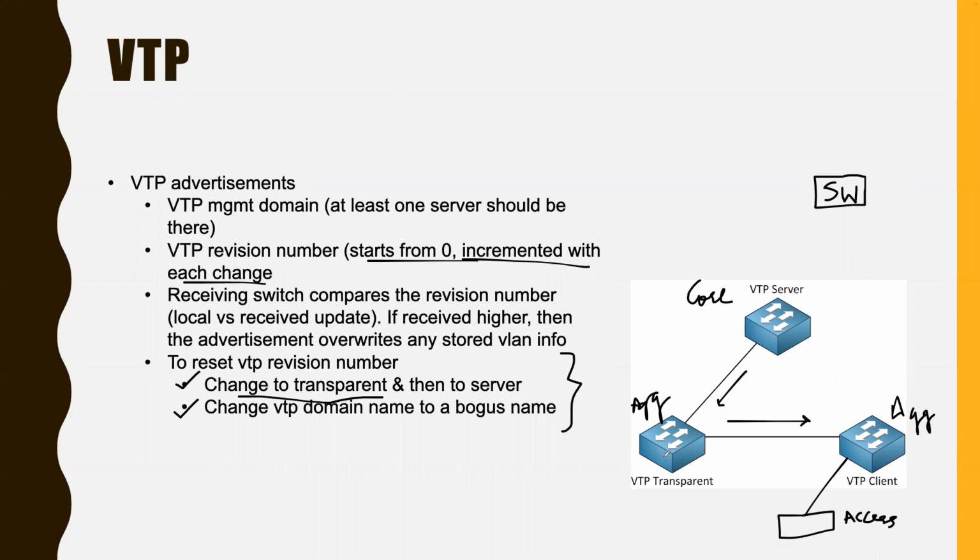For example, in this topology with VTP server, transparent, and client, your revision number is, let's say, 10. I'm not saying it is a VLAN number, I'm saying revision number 10 is being used. Against this revision number, you have VLAN 11, VLAN 12, and VLAN 13 running in your network.